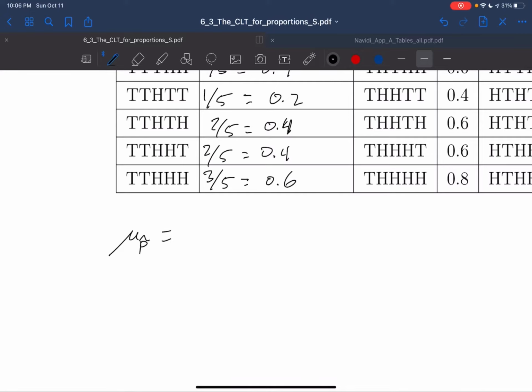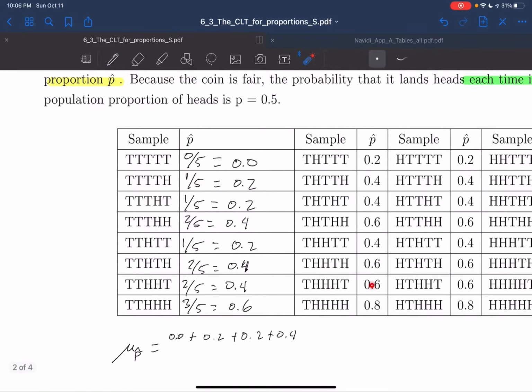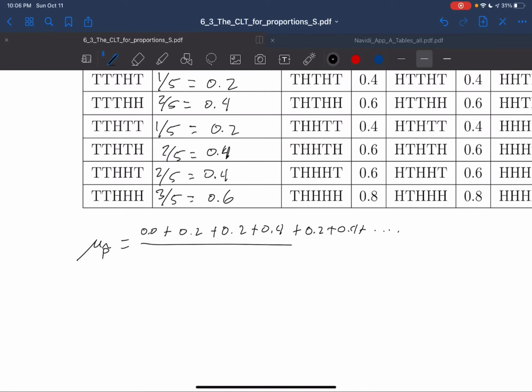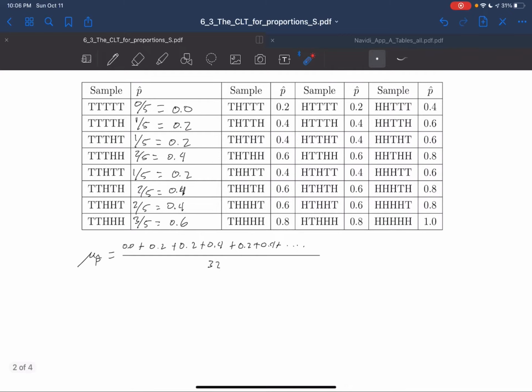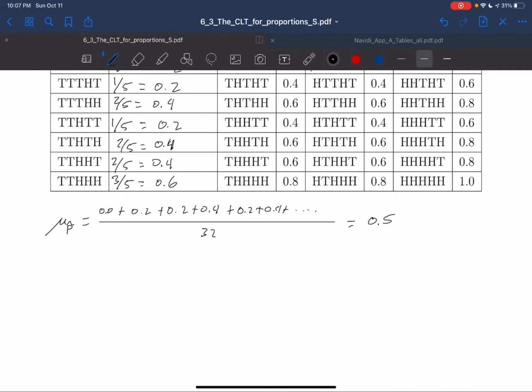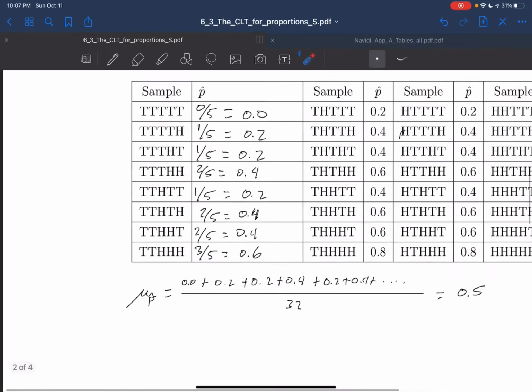So this is equal to 0.0 plus 0.2 plus 0.2 plus 0.4, adding all these values, plus 0.2 plus 0.4 plus dot dot dot, all of them added together, divided by 32, because there are 32 samples. If you compute this, it equals 0.5. But 0.5 is the same as our population proportion. And this is true in general.